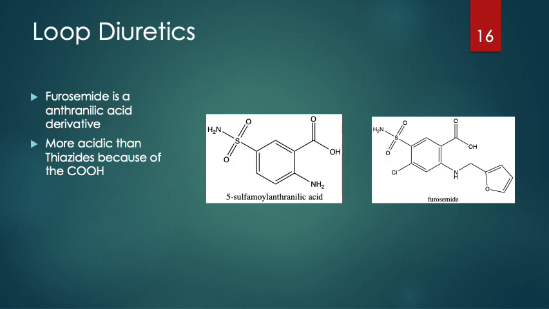It is a high ceiling diuretic that was discovered to be the most potent of a series of 5-sulfamyl anthranilic acid derivatives. As seen in other classes of diuretics, the chloride and the sulfonamide moieties have been retained in the synthesis of furosemide. That's a very important factor.